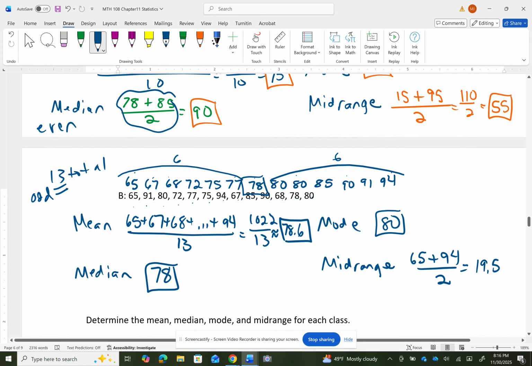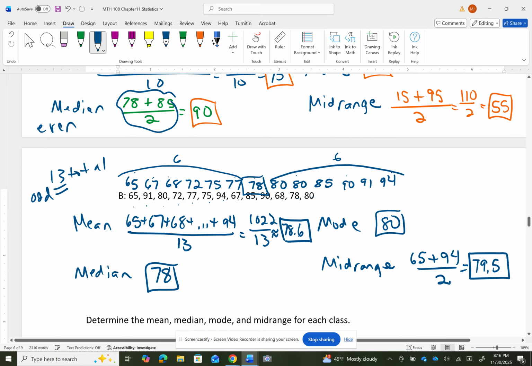That's not right. Let me try that. I think I just wrote that incorrectly. So it should be more, we got 159 divided by 2. So that turns out to be 79.5. That makes more sense.